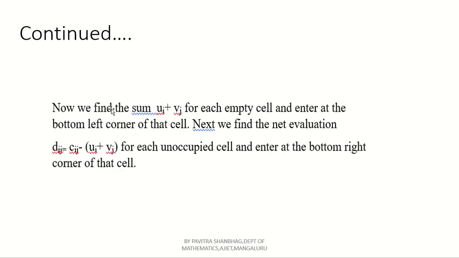Now we find the sum of ui plus vj for each empty cell and enter it at the bottom left corner of that cell. Next we find the net evaluation, that is dij equal to cij minus (ui plus vj), for each unoccupied cell and enter it at the bottom right corner of that cell, right? Now that is what we have done here.